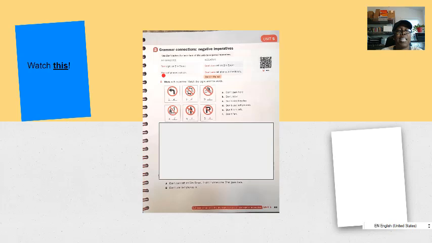The base form is use. So turn right, use cell phones. That's the base form of the verb. But then you add the don't in order to create the negative imperative. So don't turn left, don't use cell phones.